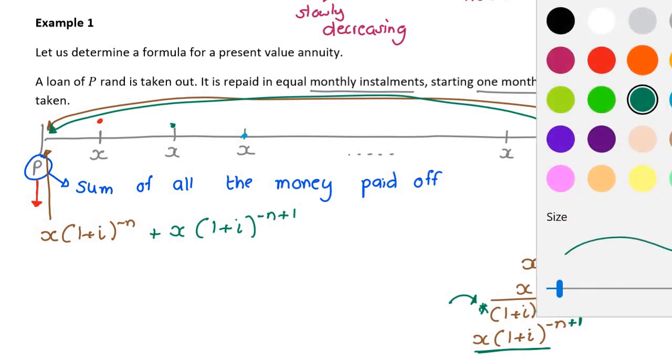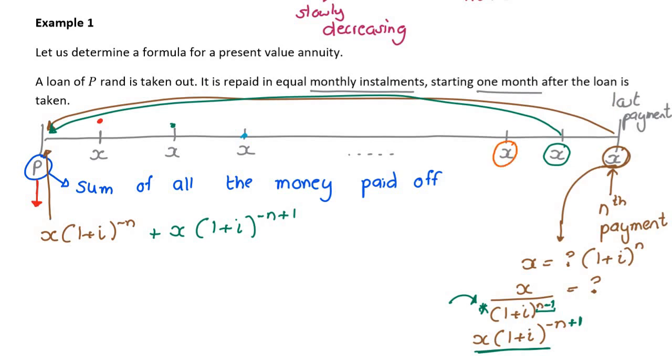And I can continue. So this X, if I try and find out what it's worth now, it will be X, and I have to undo interest for n plus 2 time periods, negative n plus 2. Again, because it's the same idea. If it's a negative exponent, I now want to add 2 to make it that exponent less than what it was, although it's negative.